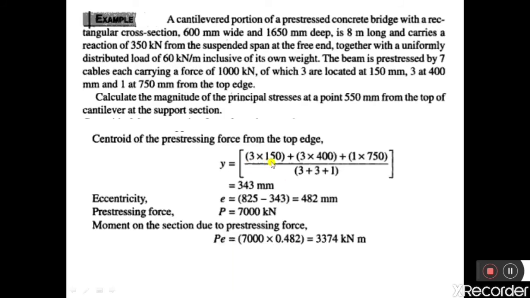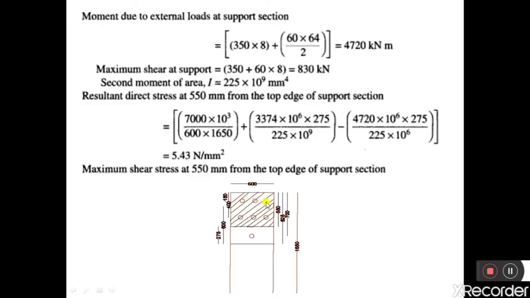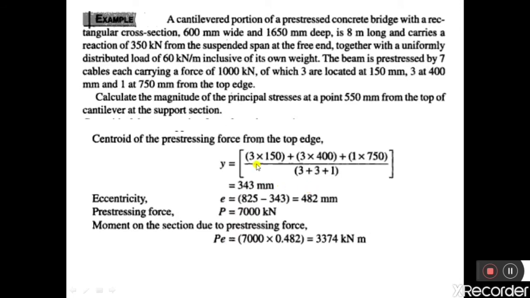So 3 into 150. So first 3 cables. These 3 cables are located at a distance of 150 mm from the top edge, therefore 3 into 150, and the second 3 cables are located at a distance of 400 from the top edge. So that I have substituted here. So 3 into 150 plus 3 into 400, that is the second 3 cables at a depth of 400 mm from the top edge, plus 1 into 750.